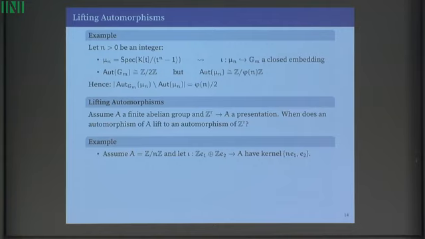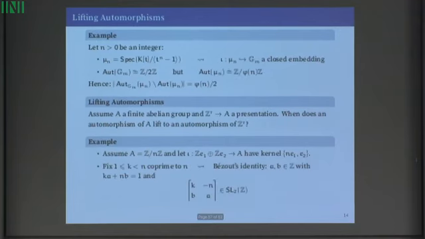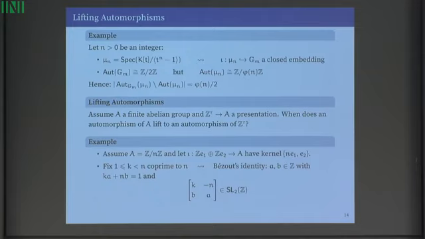You have Z mod nZ, and let's just take this embedding. If I only had one factor, then we know that only 2 of them lift. Well, now let's fix an integer k coprime to n. All the automorphisms of the finite group are just going to be multiplication by an integer coprime to n. And you can appeal to Bézout's identity, which tells you there will be 2 integers such that ka plus nb is equal to 1.